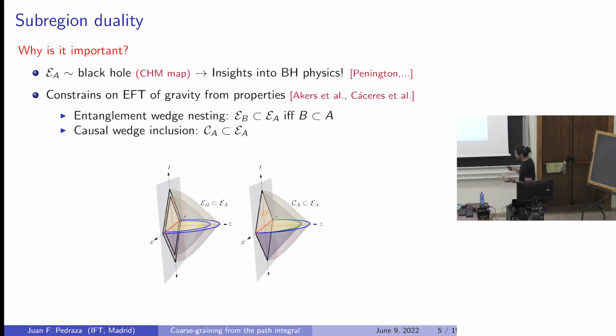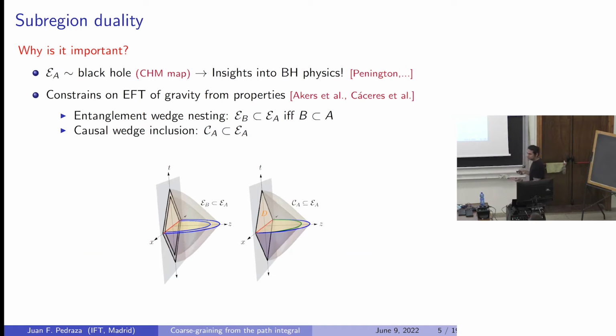Okay, so let me tell you why, at least from my perspective, this is important. I'm just going to give you two reasons. One is because subregion duality provides a toy model for studying aspects of black hole physics.